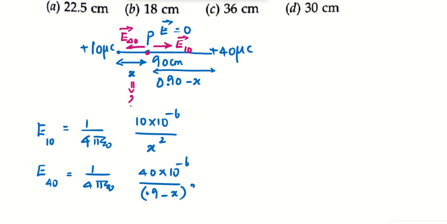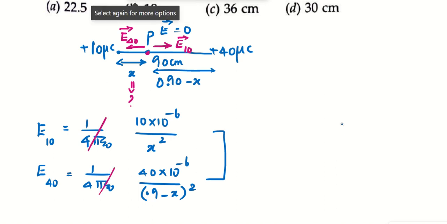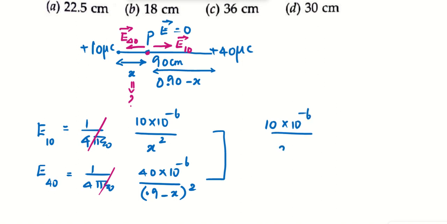Now we have to equate these two to find out the point P where electric field is zero. So when we equate these two, the 1 by 4 pi epsilon naught will go away. We'll write this as 10 into 10 power minus 6 divided by x squared equals 40 into 10 power minus 6 divided by 0.9 minus x whole squared.